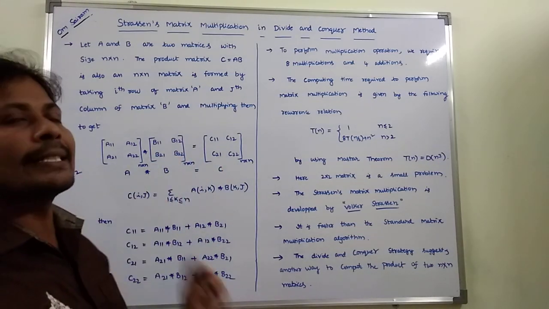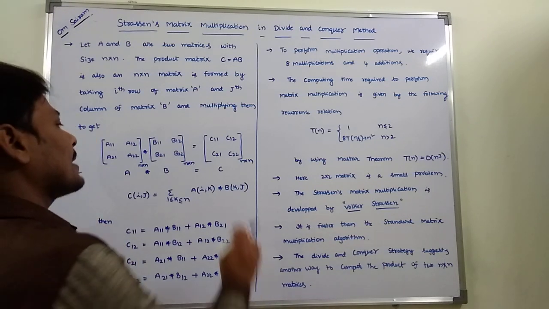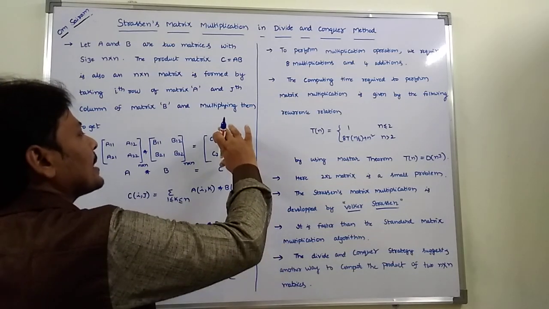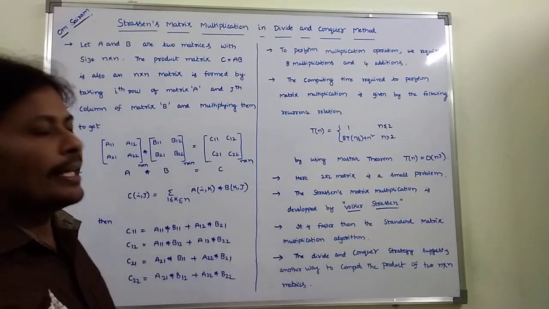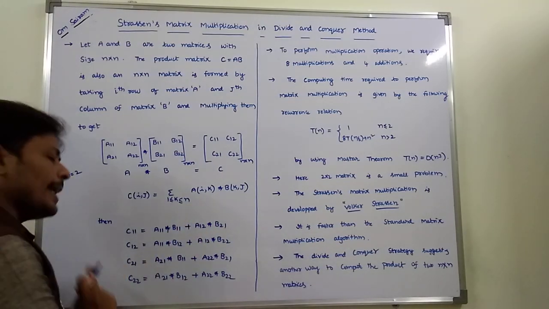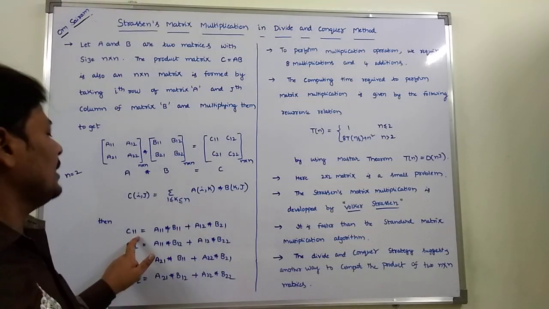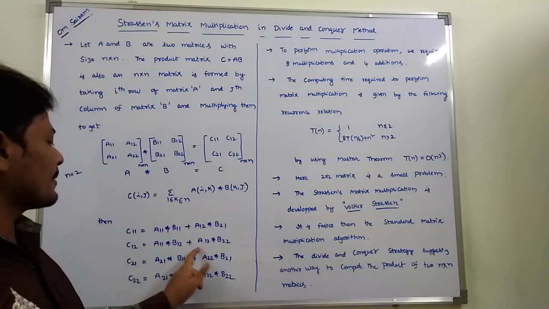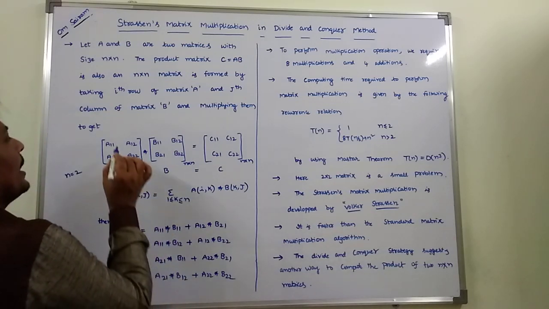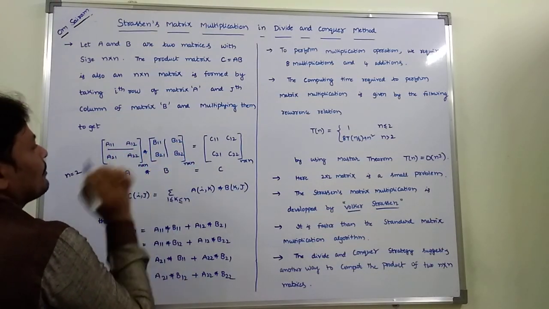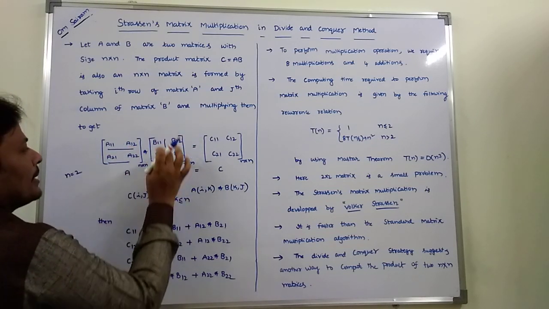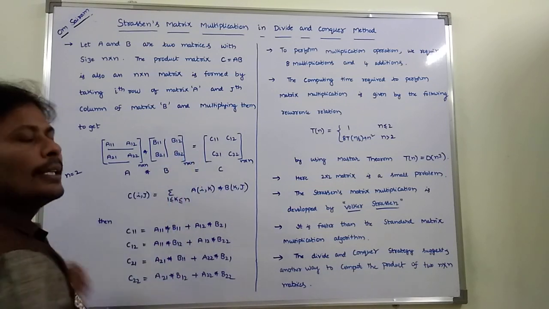Then we get the resultant matrix C with the size n by n, where n is equal to 2. The elements in the resultant matrix C are calculated by using this formula, and we get these values C11, C12, C21, C22.